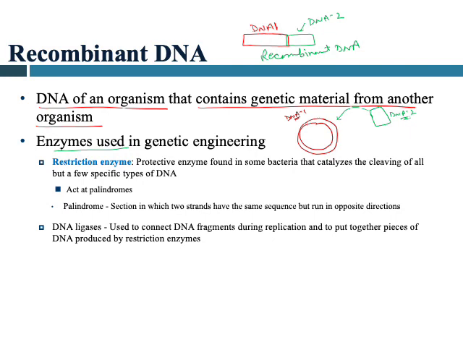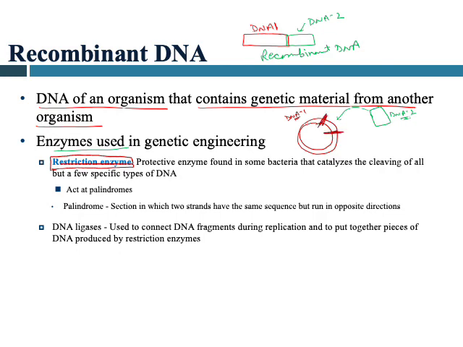First, you have to cut and open this DNA1. To do that, you use a special enzyme called a restriction enzyme. A restriction enzyme is like molecular scissors. They cut the DNA.